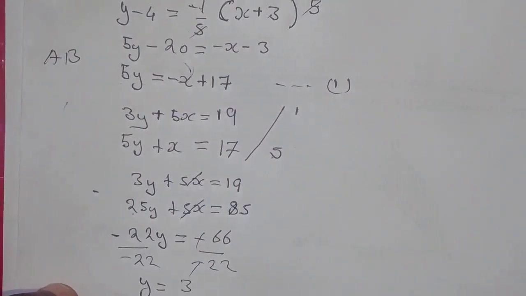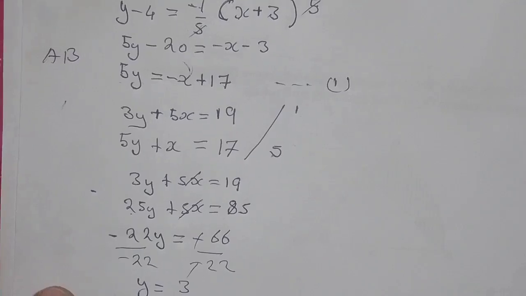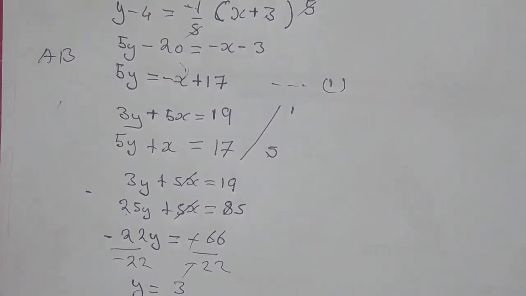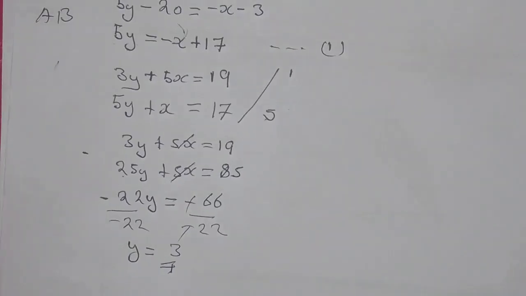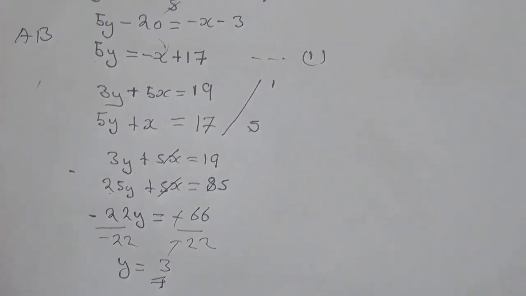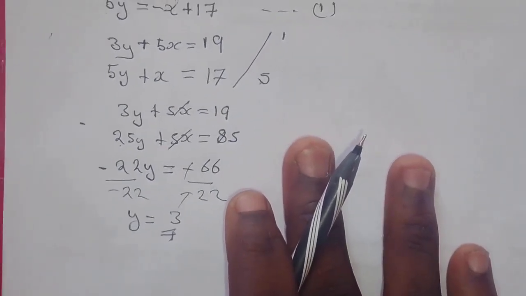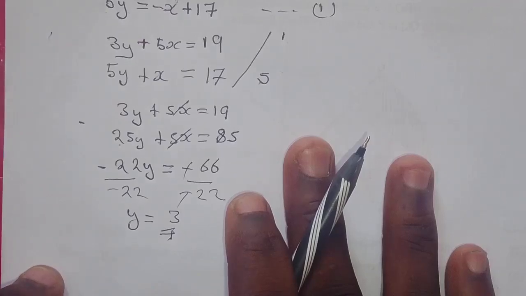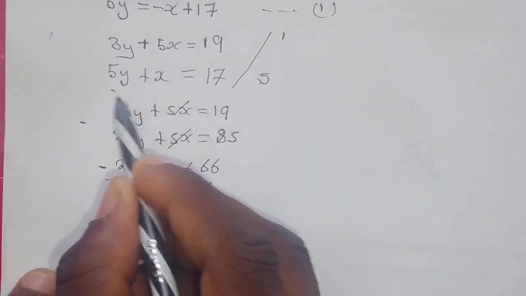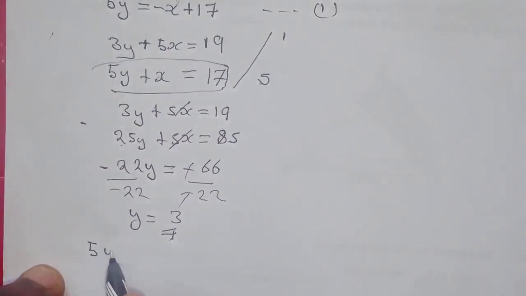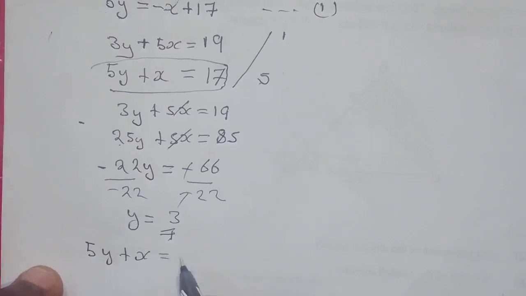Okay, so this is the y coordinate of B. Since we have found the y coordinate, it's now easy for us to find the other coordinate, which is for x. So we're just going to get one of the equations which we wrote. Let's get this one: 5y plus x is equal to 17.